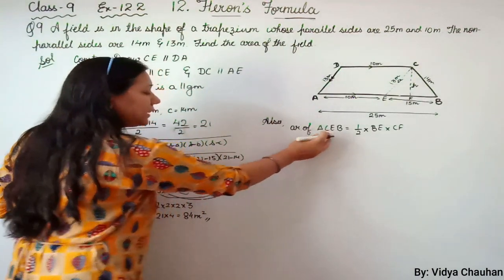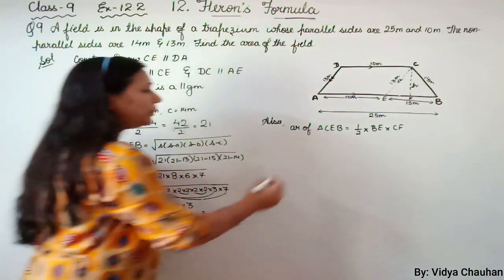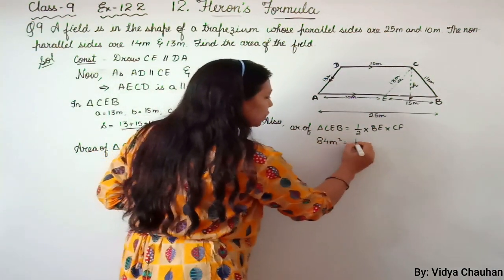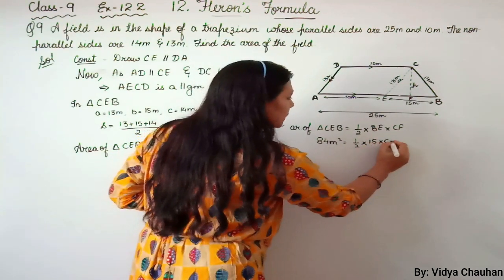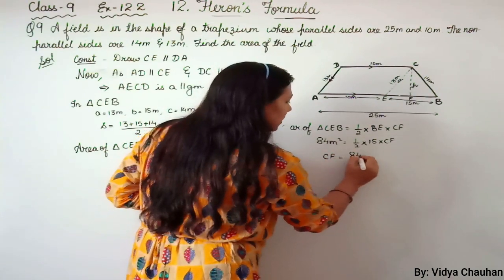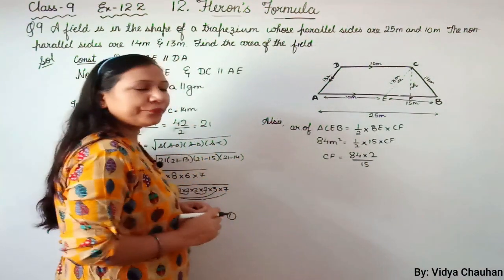Area of triangle CEB according to our first result is 84 meters square. So 84 equals half into BE, 15, into CF. Get the value of CF from here.